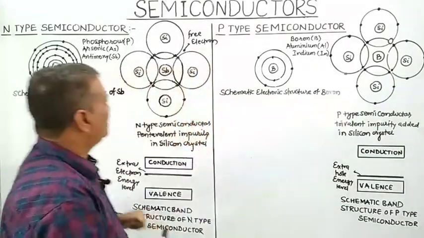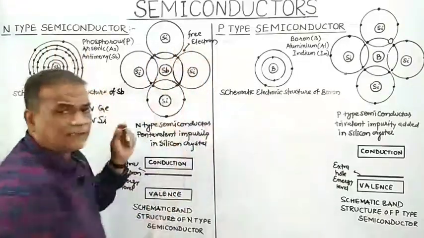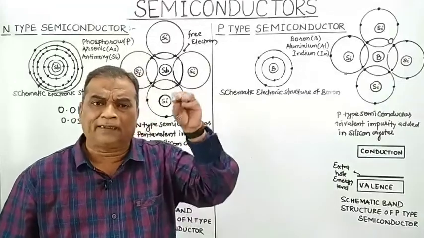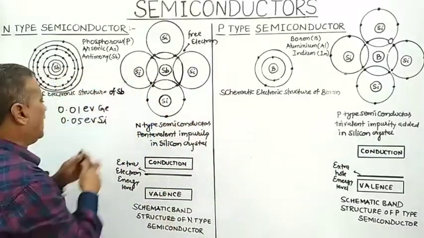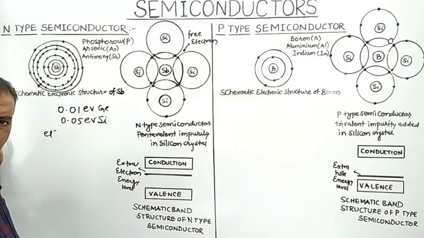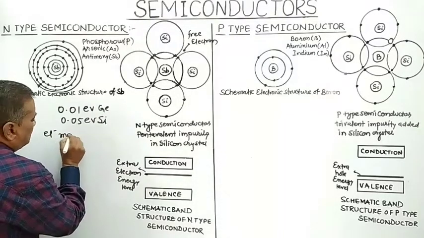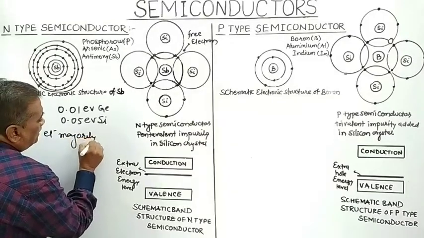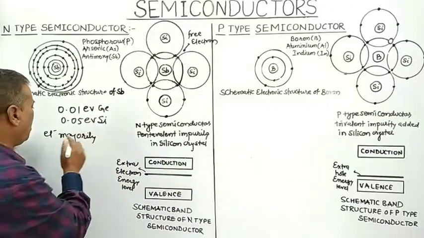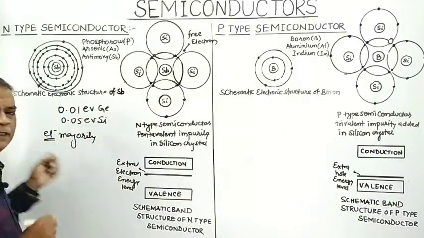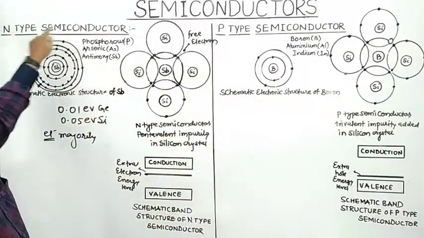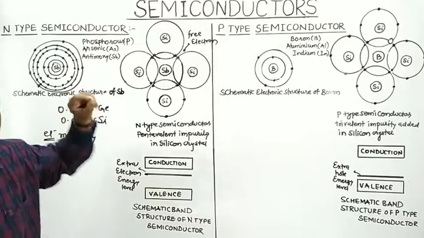And because any pentavalent doped semiconductor will have a large number of free electrons in it, electrons are the majority charge carriers. These electrons are available in what? The conduction band. It means conduction of electricity is mainly due to electrons, which are negatively charged particles. So such types of semiconductors are called N-type semiconductors.